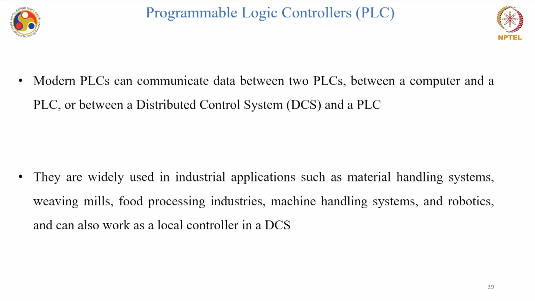Modern PLCs can communicate data between multiple PLCs. It can also communicate data between a computer and a PLC, or even between a distributed control system, DCS, and a PLC. They are widely used in industrial applications, for example in material handling systems, weaving mills, food processing industries, machine handling systems, robotics, and can also work as a local control in the DCS, distributed control systems.